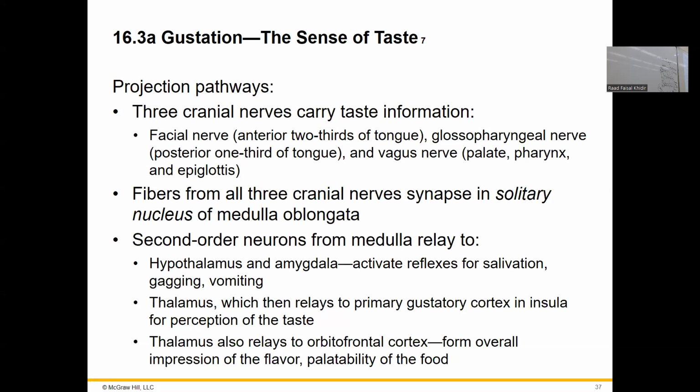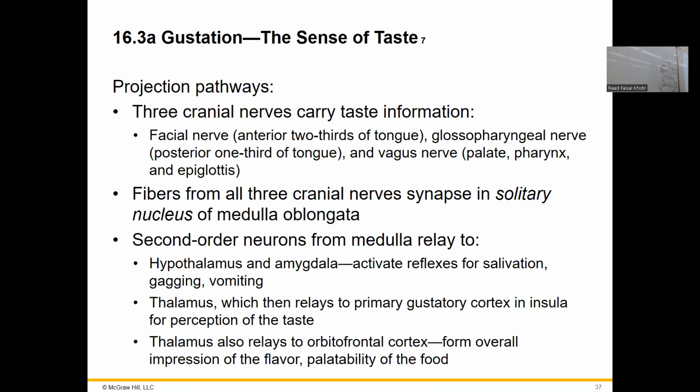So now let's see how food is being tasted. There are three cranial nerves that carry the taste information. We have the seventh cranial nerve, the facial nerve. It's responsible for detecting stimuli from the anterior two-thirds of your tongue, while the glossopharyngeal nerve is responsible for the posterior one-third of the tongue.